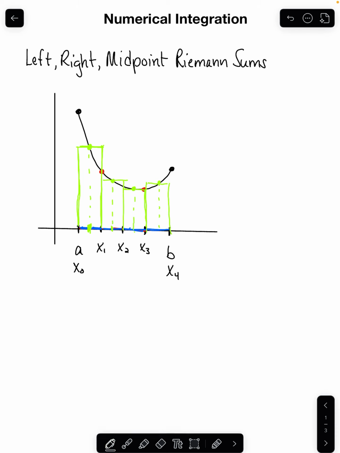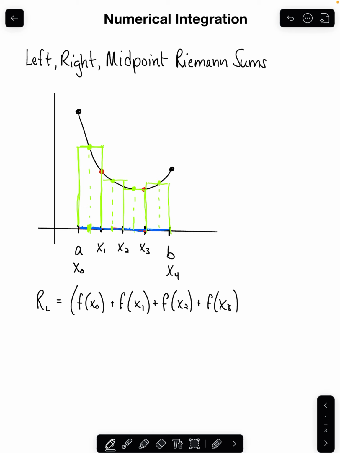Now, in terms of the formulas, they appear very different. The left endpoint Riemann sum would be based on the height of the rectangle at the left endpoint of the subinterval, whereas the right endpoint Riemann sum would be based on the y values of the function at the right endpoint of each subinterval.